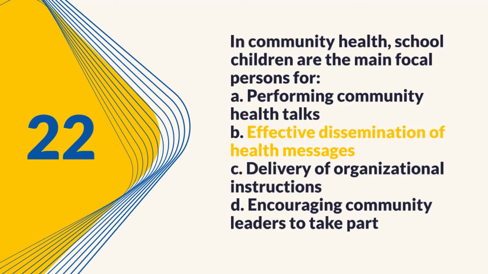School children are excellent at spreading health messages effectively due to their ability to learn quickly and share information with peers and family. They are not typically responsible for performing health talks, A, delivering instructions, C, or encouraging leaders, D, although they can influence these areas indirectly. So, the correct answer is B, effective dissemination of health messages.